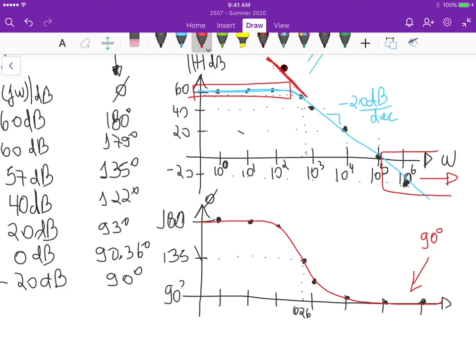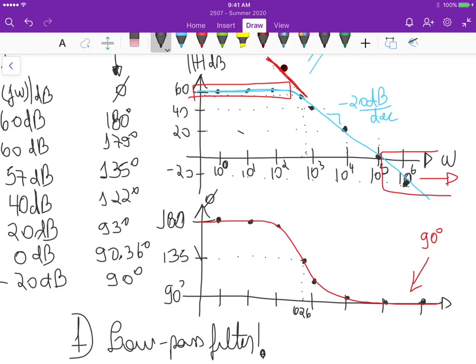So this circuit here, part F, if you wish, behaves as a low pass filter, okay? Because it amplifies lower frequencies, but it attenuates here, because once we go to minus 20 dB, it starts to attenuate the input voltage, okay? So that's it for this problem.